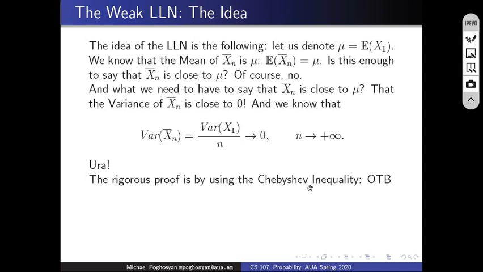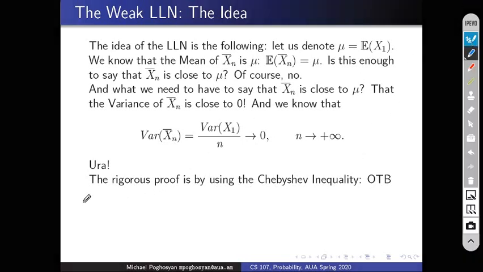The rigorous proof of this theorem is by using the Chebyshev inequality, and it is almost one line. Well, I want to calculate the probability that Xn bar minus mu is larger than epsilon. Mu is the expected value of x1. So I need to prove that this tends to 0. So I am using the Chebyshev inequality.